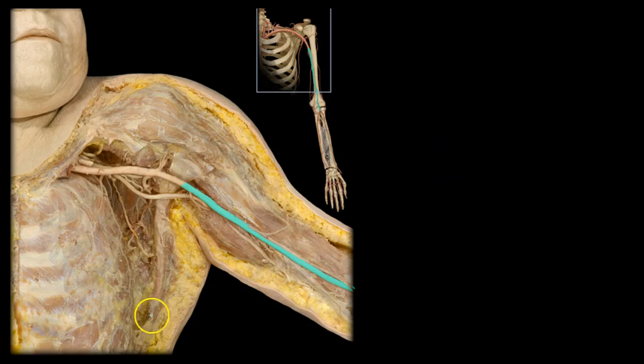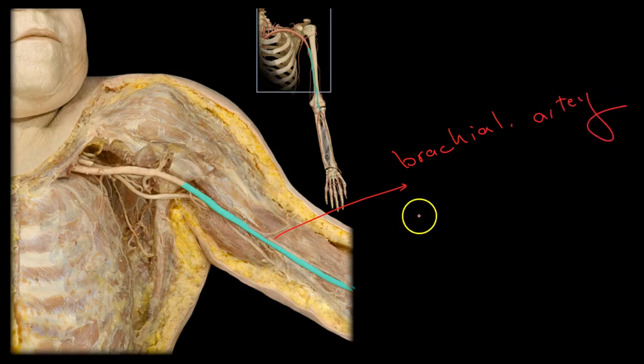Okay, next one. Next, you can see this blood vessel related to the arm, going to be found in our arm region. Actually, this is the brachial artery. It's easy to remember because brachial means arm, right?